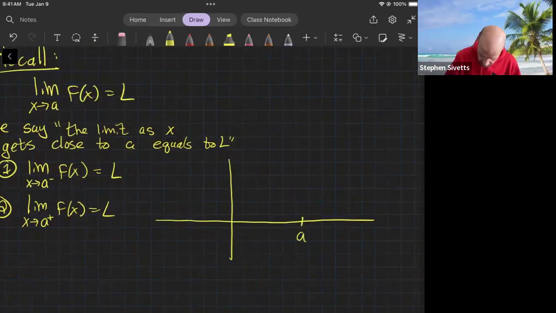So graphically, if I have this function, let's say, and if I approach a, let me label these parts here.